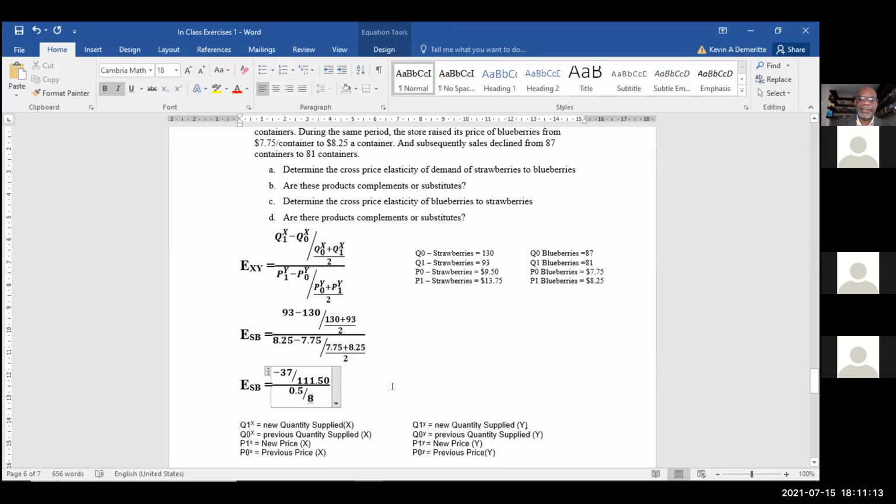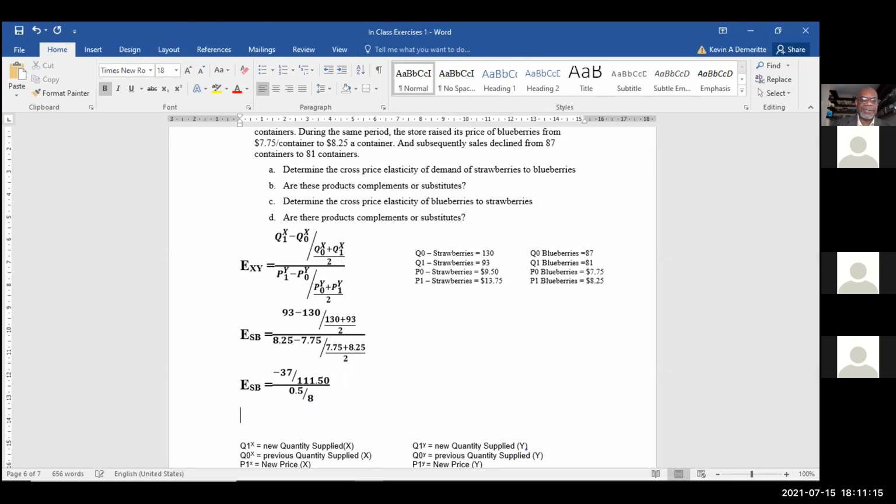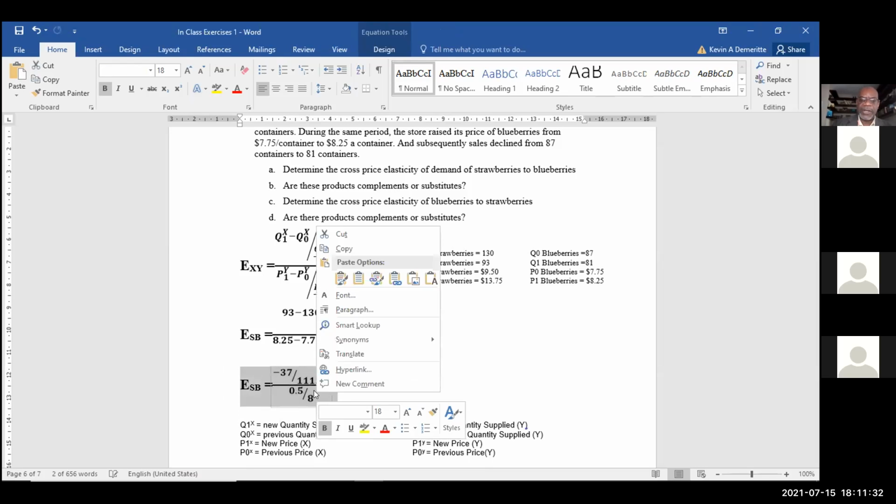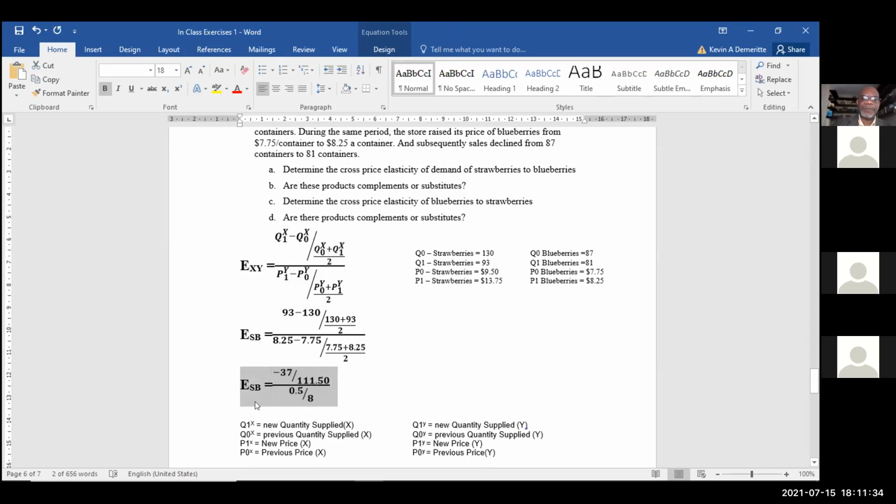Okay, so therefore, E of X and B. I need to calculate this. I thought you already calculated all of this. No, I didn't calculate both of them, but I got it that far.